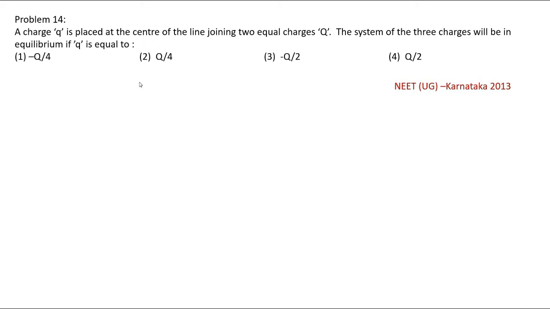Let us go into the solution. A charge q is placed at the center of the line joining two equal charges Q. So there is a line, two charges Q and Q, both capital Q. Let's say the charge Q is at A, and this Q is at B. At the center, let's say this is C. Call this distance x, and this distance x.